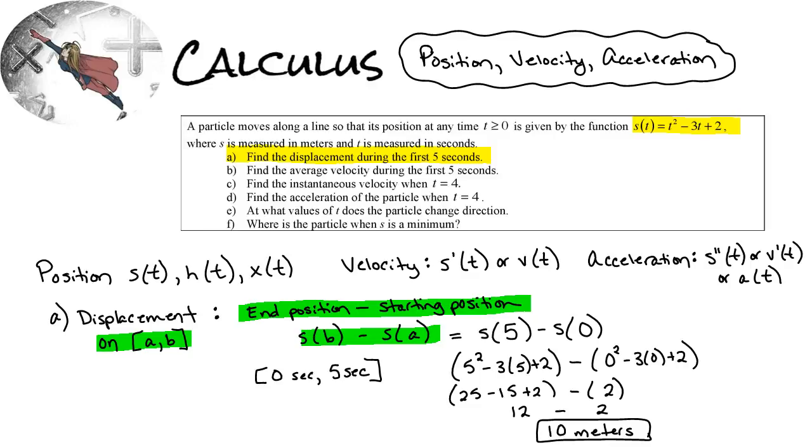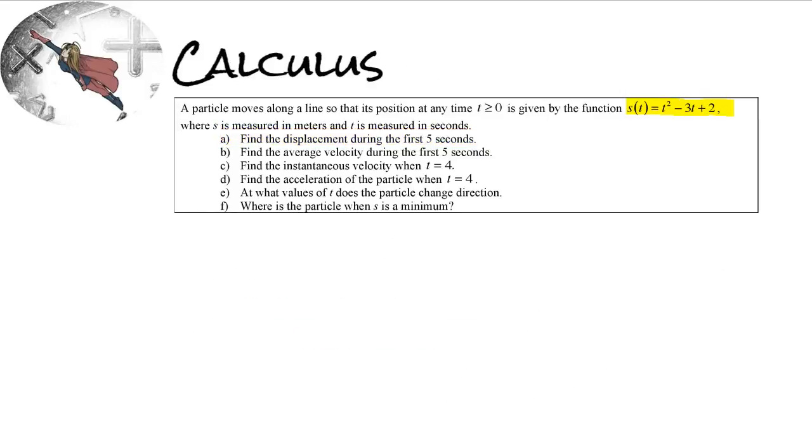Okay, now we'll get a new page here to do part B. So part B is asking us find the average velocity during the first 5 seconds. All right, so average velocity, let's write out what this is. Average velocity is just like finding slope. You can think of it, some teachers call it AROC, average rate of change.